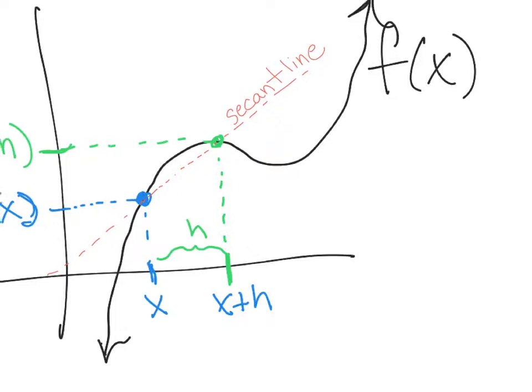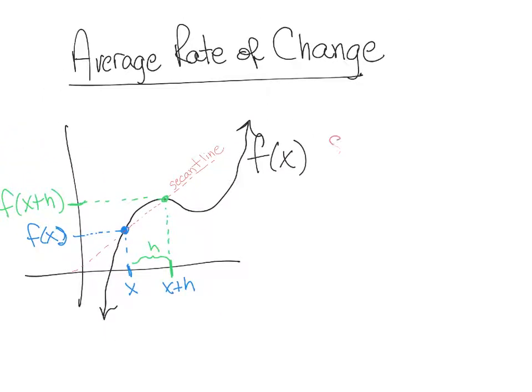And the slope of the secant equals the average rate of change. How far up did I go over this h period of time?